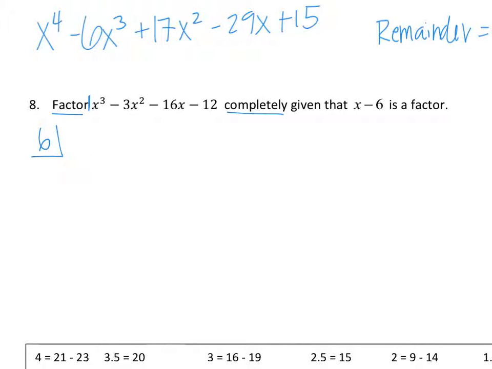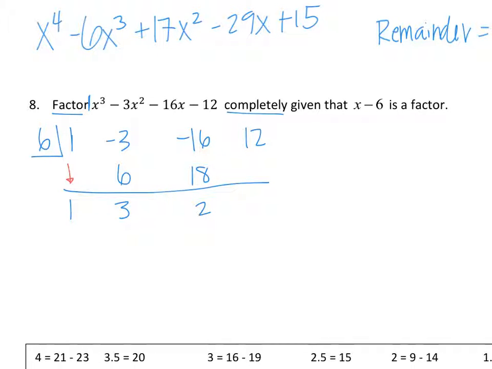So once again, if you like to put that 1 in front of the x cubed, we have 1x cubed, negative 3, negative 16, and positive 12. So the 1 comes straight down. Now the 1 and the 6 multiply. We get positive 3. The 3 and the 6 multiply. We get 18. Add those together and we get 2.